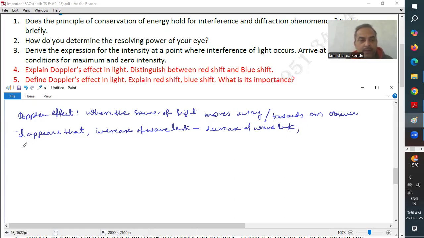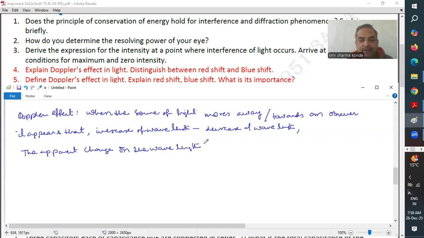So finally, the apparent change in the wavelength, or you can say frequency. So it appears only, does not occur really.